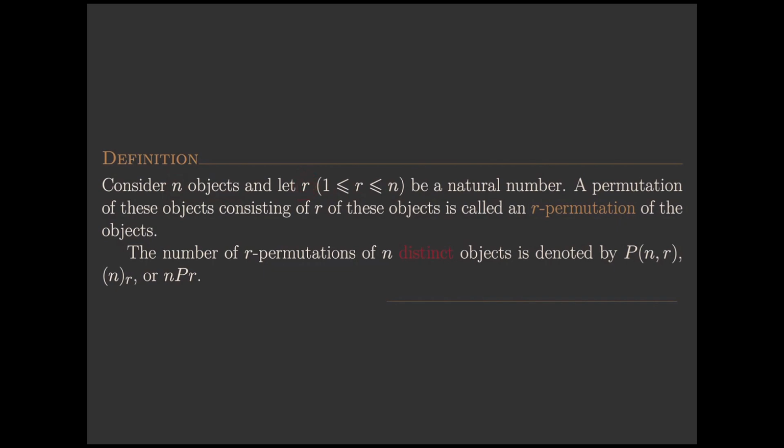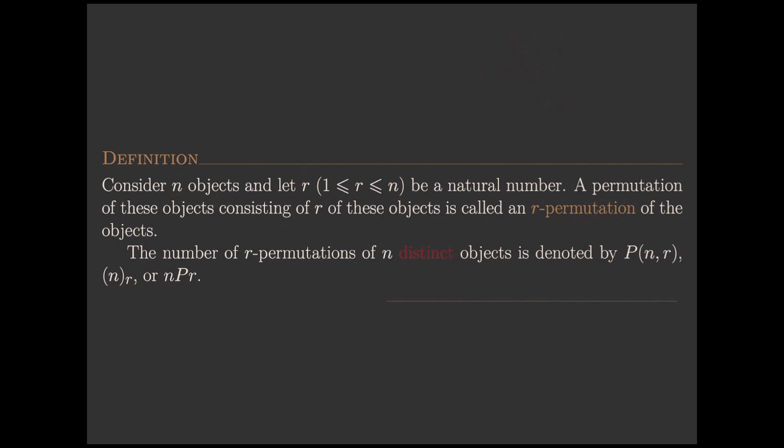A permutation of these objects consisting of r of these objects is called an r-permutation of the objects. For example, if you have 4 letters, A, B, C, D, you can choose 3 of them and then start arranging them in order. That is called a 3-permutation of these 4 objects.